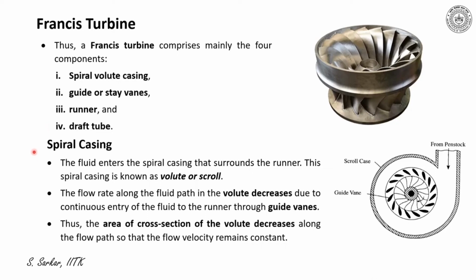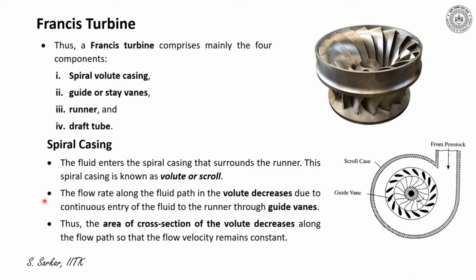I have indicated here in brief about its feature. Fluid enters the spiral casing that surrounds the impeller or the runner. This spiral casing is known as volute or scroll.